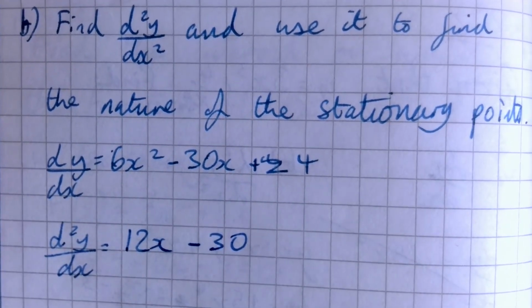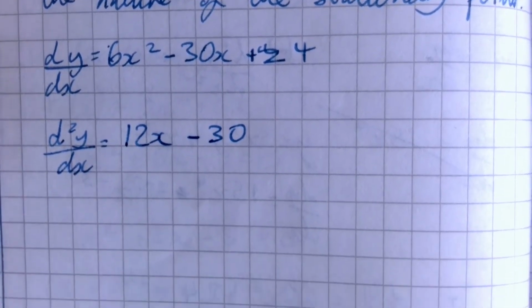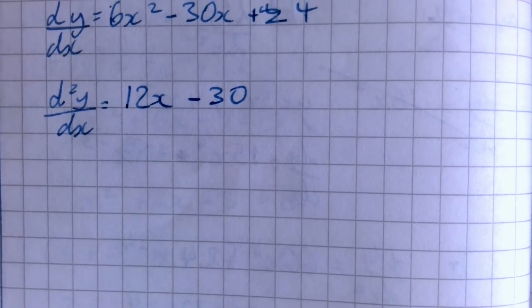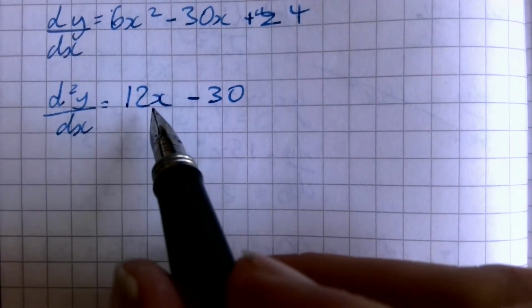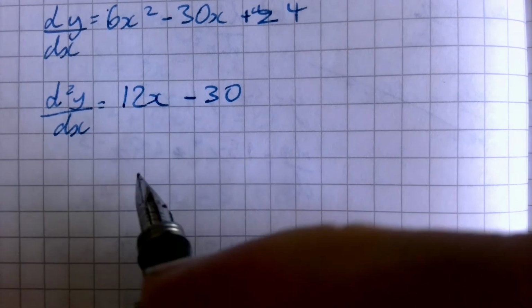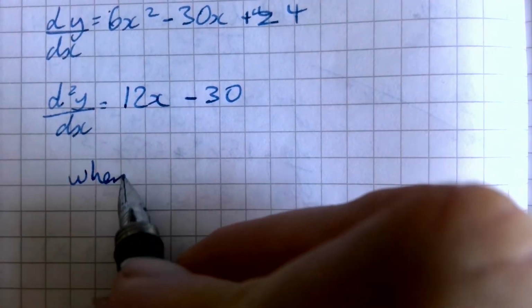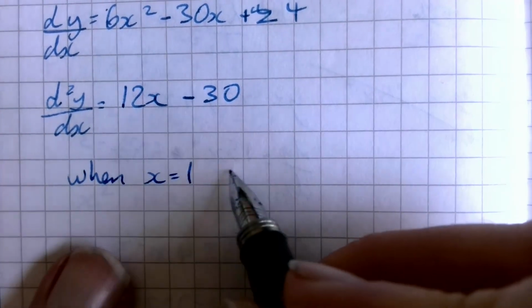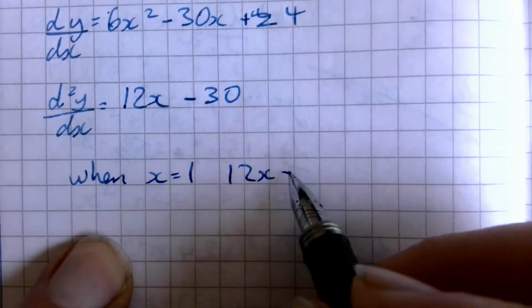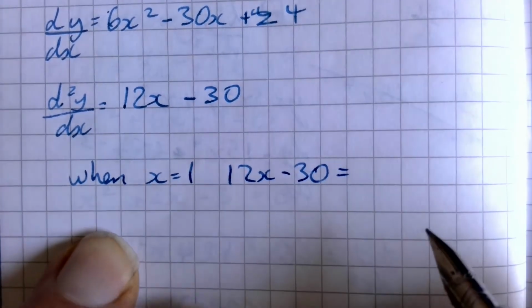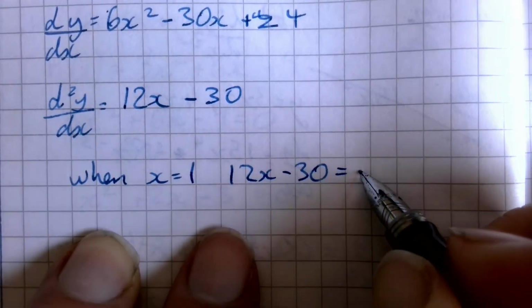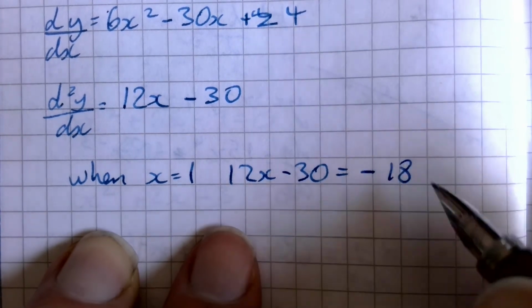And then to find the nature of the stationary points, we need to put the x value that we had in there. So when x equals 1, 12x minus 30 is going to be 12 minus 30, which is negative 18.